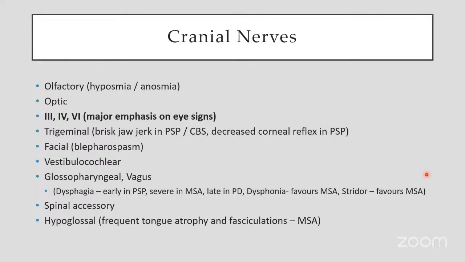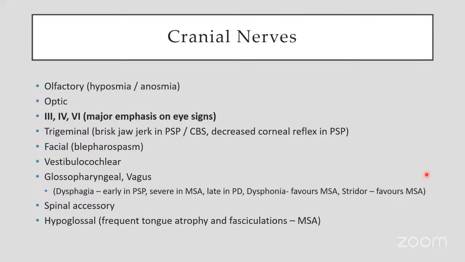For trigeminal, in PSP and CBS we may have a brisk jaw jerk, and decreased corneal reflex in PSP. In facial, we may observe blepharospasm, and for glossopharyngeal, in MSA and PSP the 9th, 10th, and 11th cranial nerves will be affected.